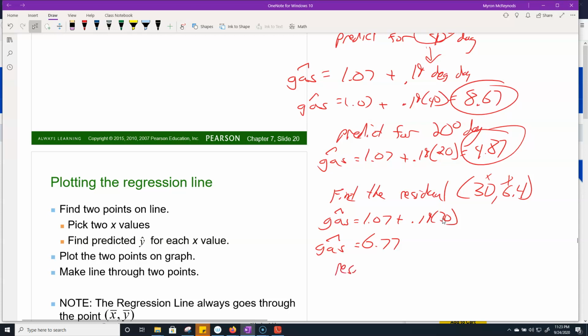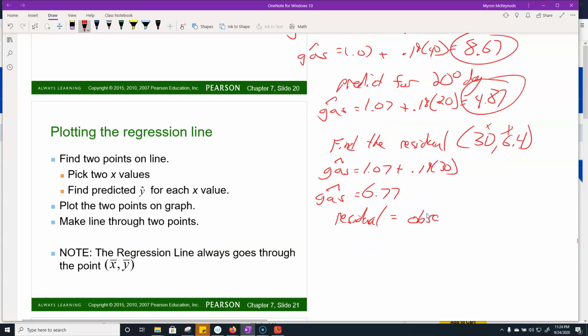And remember, your residual is equal to observed minus predicted. That's another one of those formulas we talked about earlier. You probably need to write that down somewhere too on a formula sheet. So 6.4 was the one we actually observed, and this 6.77 is our predicted.